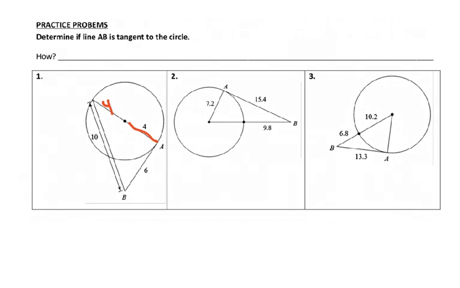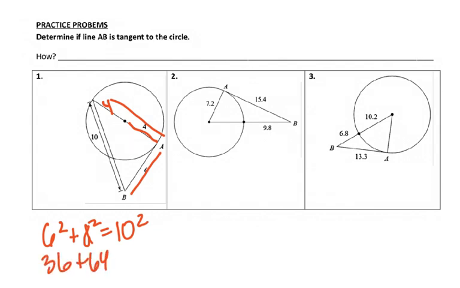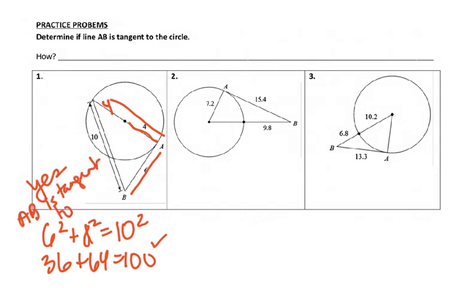If I use my Pythagorean theorem, I'm going to say 6 squared plus 8 squared equals 10 squared, so that's 36 plus 64. Is that equal to 100? It is, so the answer is yes, AB is tangent to the circle.